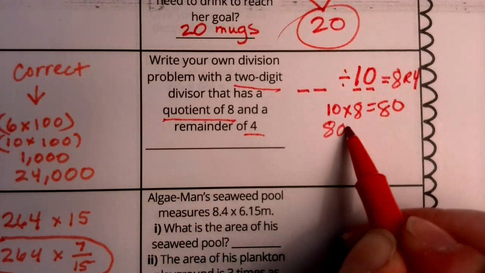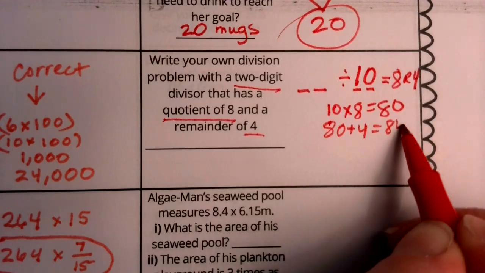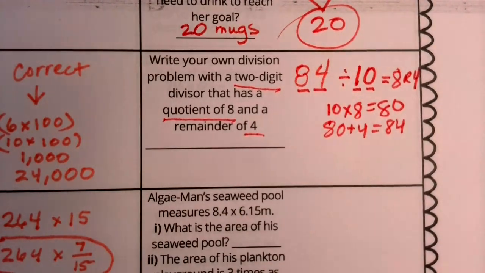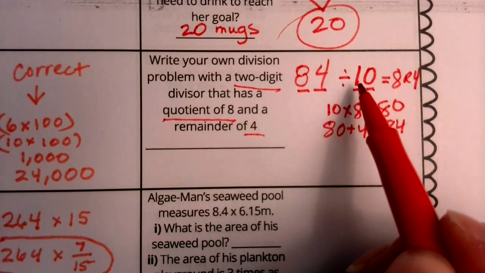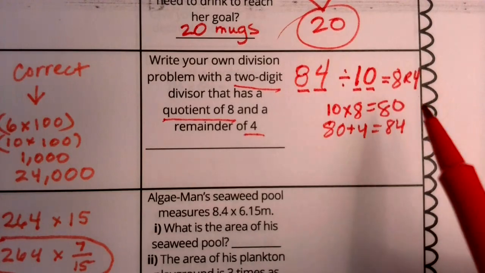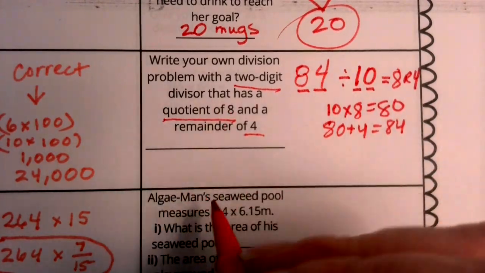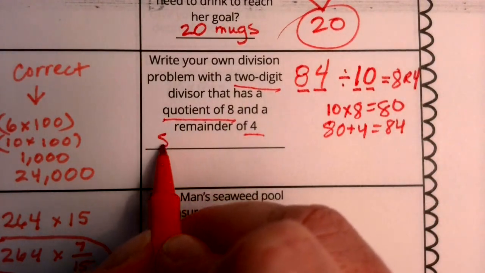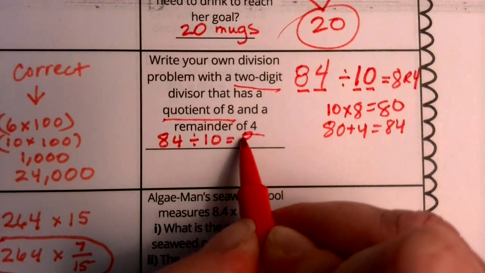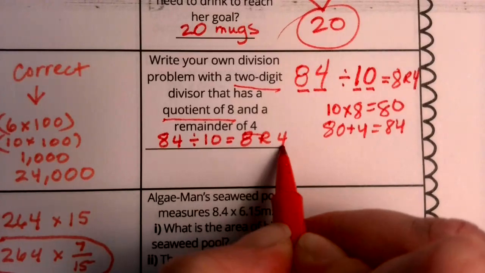So that's actually going to be adding 4 more, which is 84. So if I write 84 in here, 84 divided by 10 gives me an 8, and then I have 4 remaining. So that's exactly what I'm looking for in all of those qualifiers. So I'm going to make my answer 84 divided by 10 equals 8 with a remainder of 4.